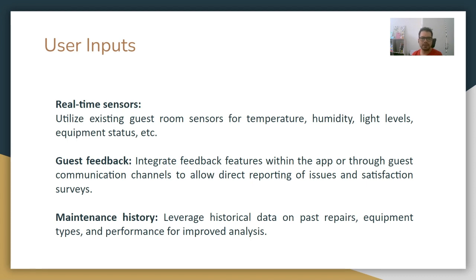With these sensors we can get the data we need to analyze problems. About guest feedback, integrate a feedback feature with the app or through guest communication channels to allow direct reporting of issues and satisfaction surveys. And about the maintenance history, leverage historical data on past repairs, equipment types, and performance for improved analysis.